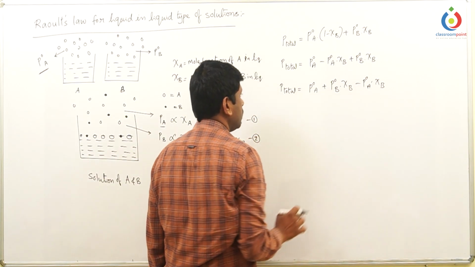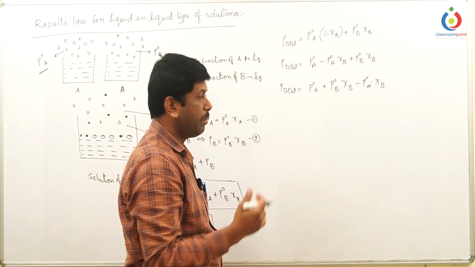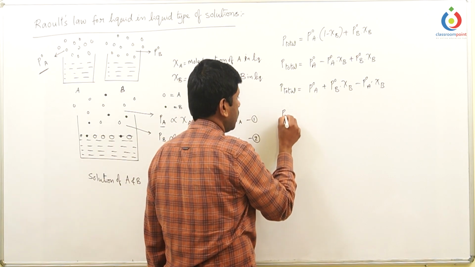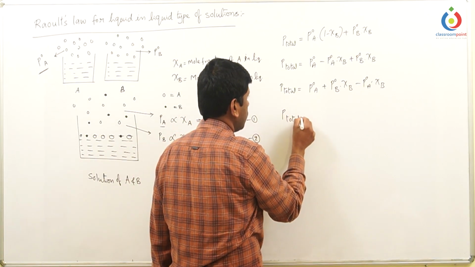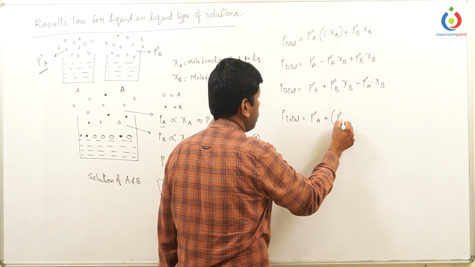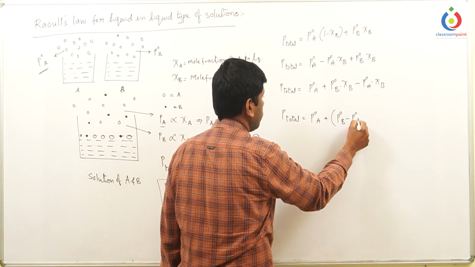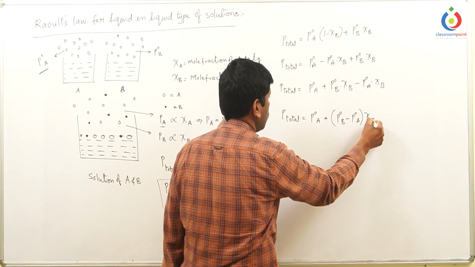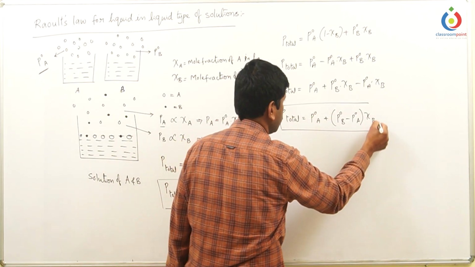In these two terms XB is common, so I am taking it out. So P total is equal to P naught A plus P naught B minus P naught A into XB, the mole fraction of B.